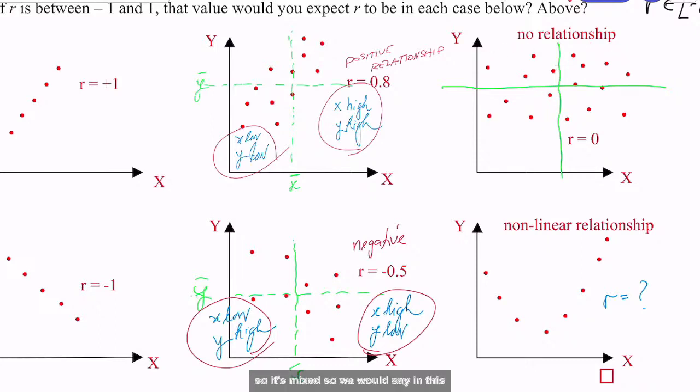So it's mixed. So we would say in this case, the R we're going to talk about in a second how to calculate it, but I'm showing you what it's capturing, okay? So here, if x is high, above its mean, y is in both.